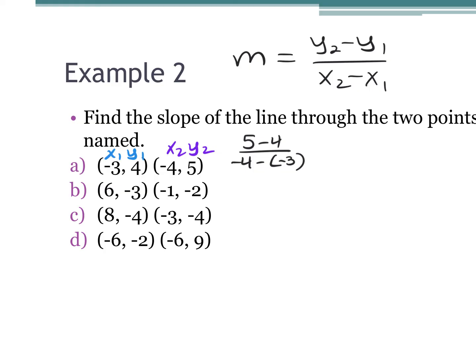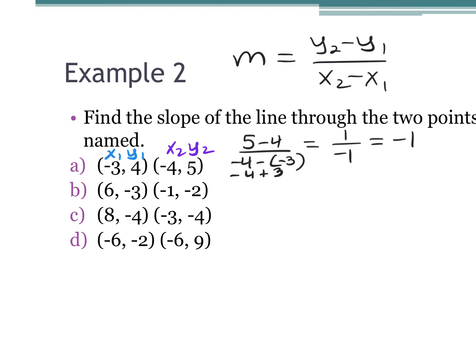So however your middle school teacher taught you to subtract integers, that's what you're going to be doing here. The 5 minus 4 is obvious. It's a 1. But this denominator is really going to be negative 4 plus 3, so then this gives you negative 1. If your fraction can be reduced to a whole number, then do that. So this will simplify to negative 1.